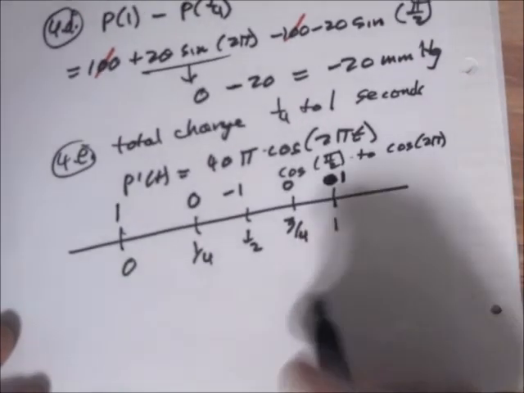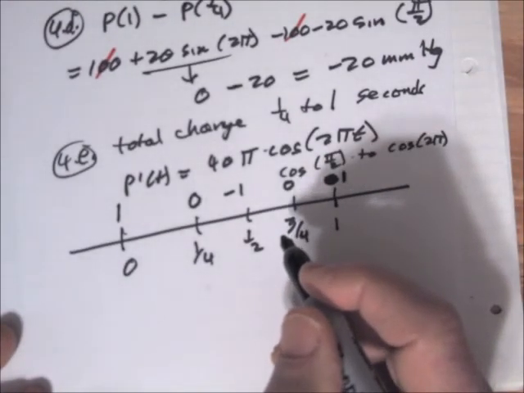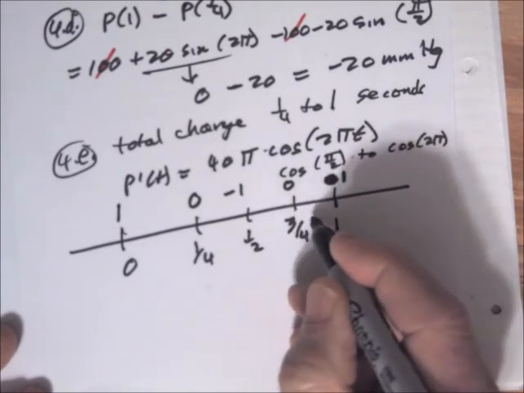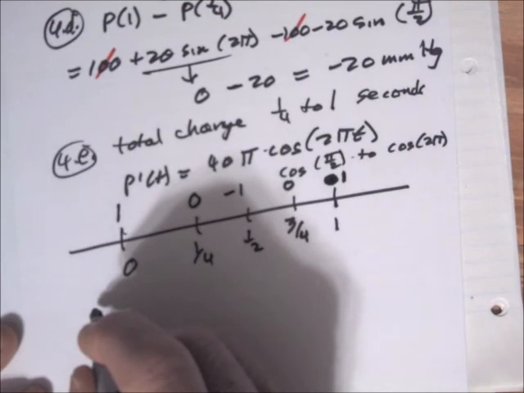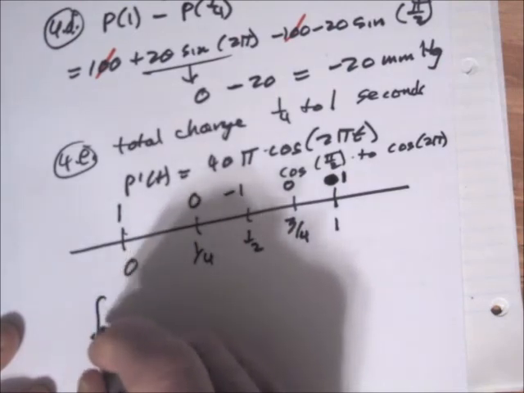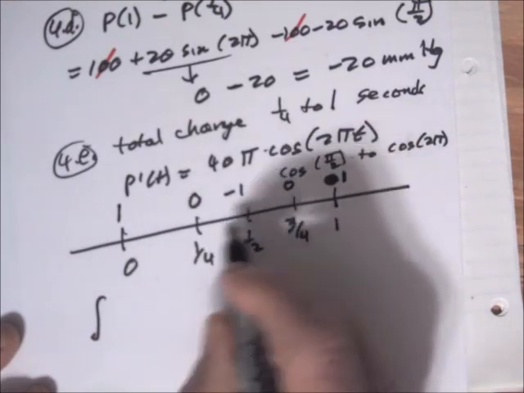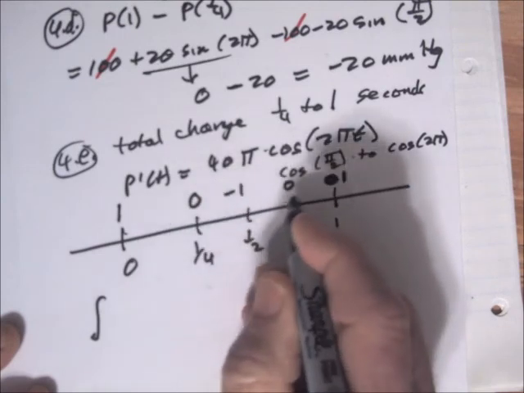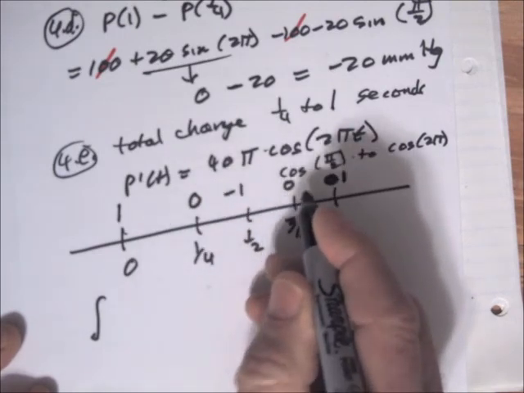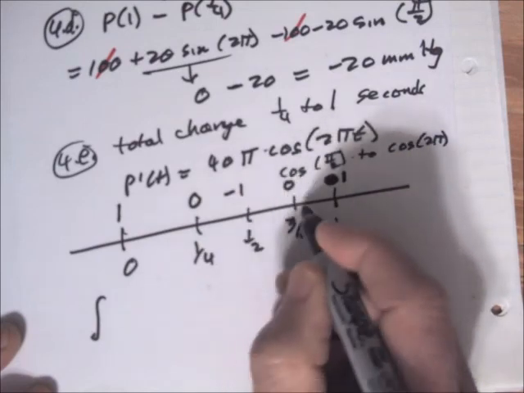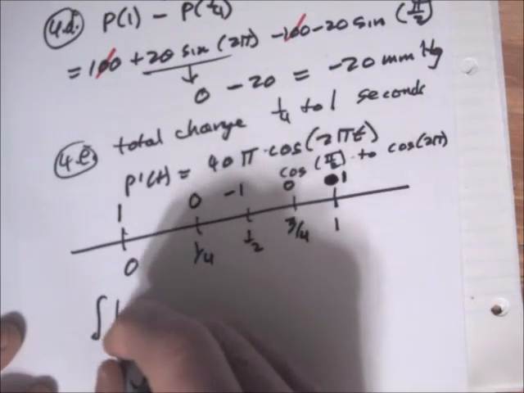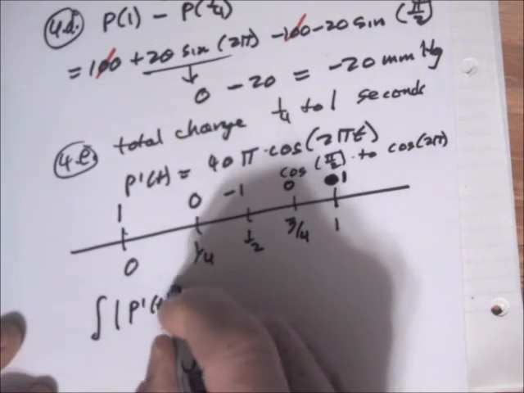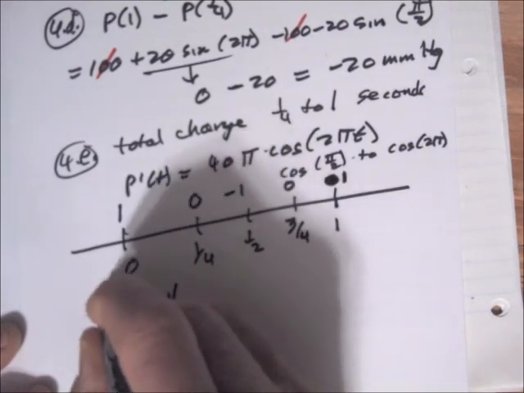So you want to take the absolute value of the derivative, p prime of t, from 1/4 to 3/4.